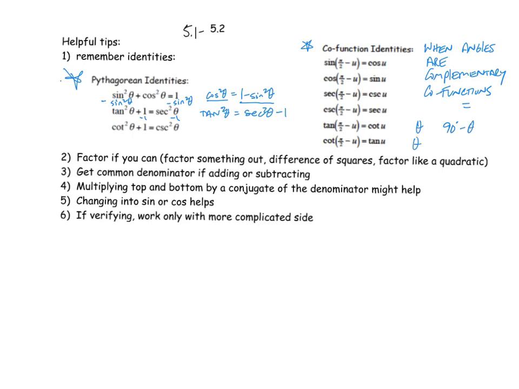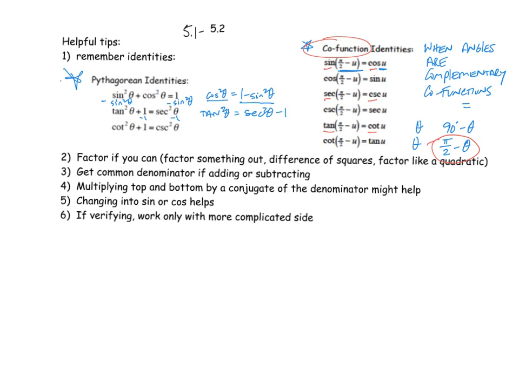Same thing goes with radians, but it would be pi over 2. So that's why all of these are like the pi over 2 minus u versus u. Those would be complementary angles. And then the cofunctions are sine and cosine, secant and cosecant, tangent and cotangent. So whenever you see pi over 2 minus u or pi over 2 minus theta, that should make you remember cofunction identities.